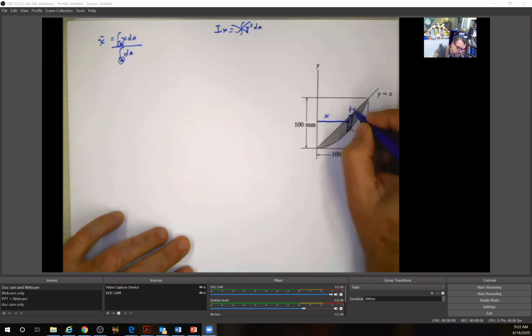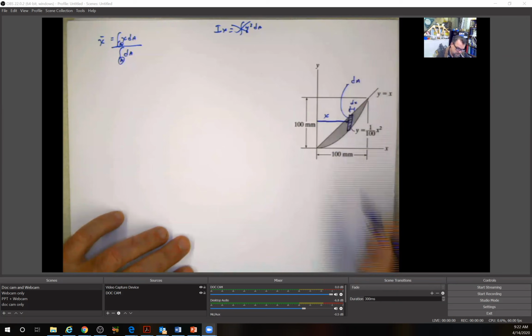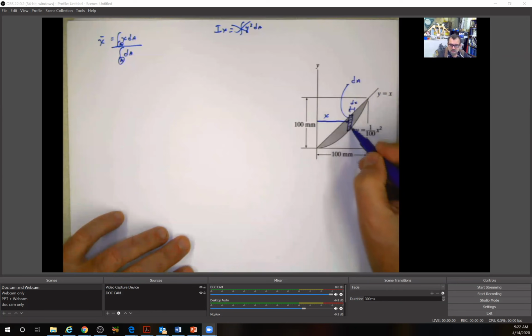And then I say, okay, this is dx, and my dA, differential of area, is that shadow region, this one that I have over there.